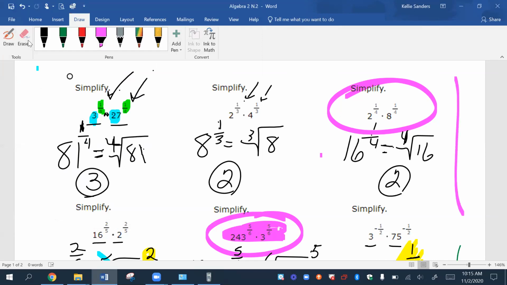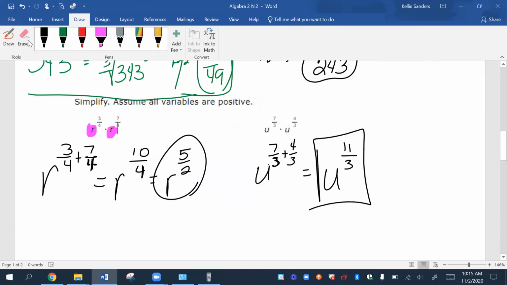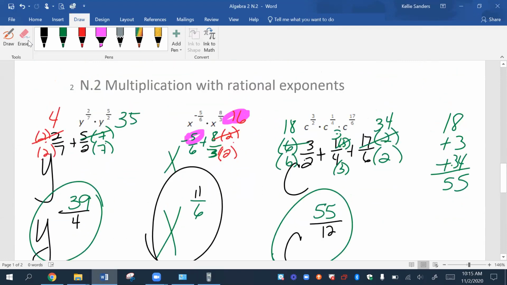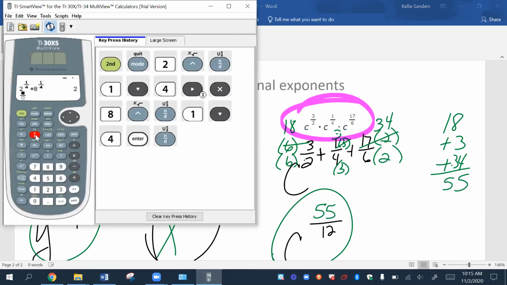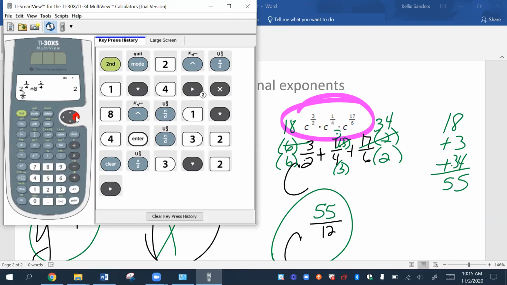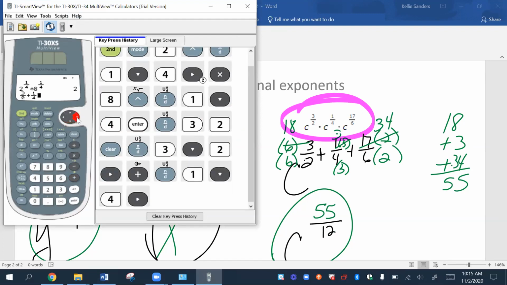And then let's try here on this. All you would have to do is 3 over 2, scroll over, plus fraction 1 over 4, because it'd be tragic to not know how to add fractions on your own, plus 17 over 6.